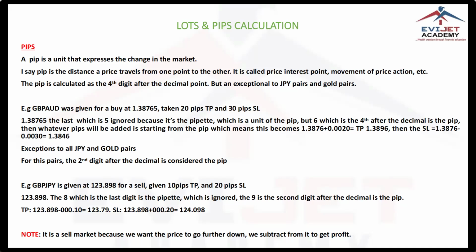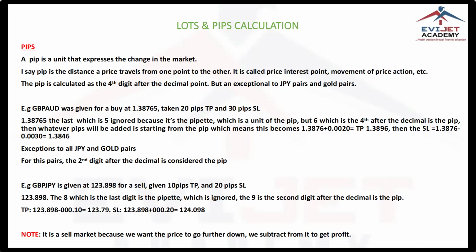A pip is the distance a price travels from one point to the other. You can call it price interest points, or points in percentage. Just know that it is pip, PIP, and pips when it's more than one. Movement of price action, etc.